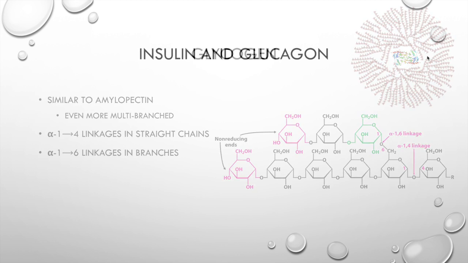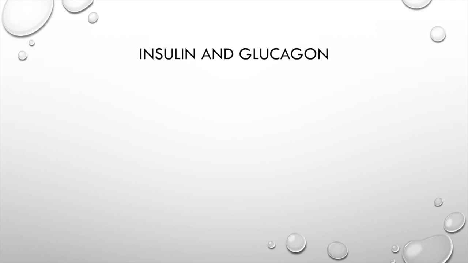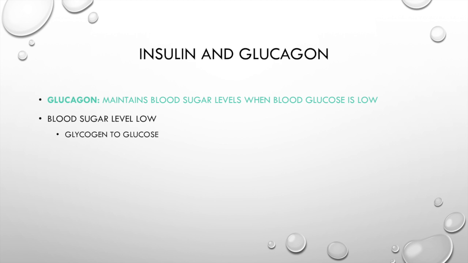The practical implication of glycogen can be seen in insulin and glucagon. Looking at glucagon, it maintains your blood sugar level when blood glucose is way too low. So when it's low, glycogen is converted to glucose by slowly taking off glucose monomers from the glycogen and distributing them into the blood, and that increases the blood glucose level.